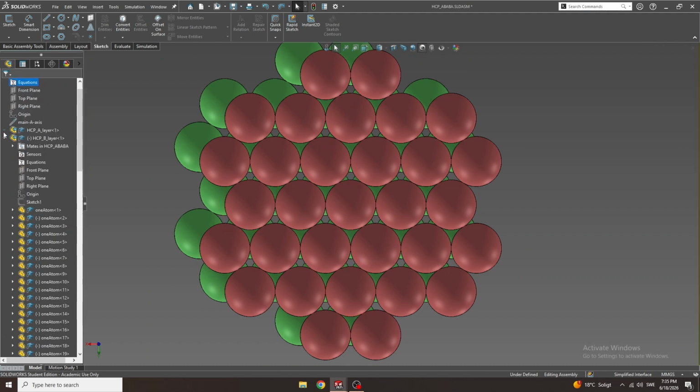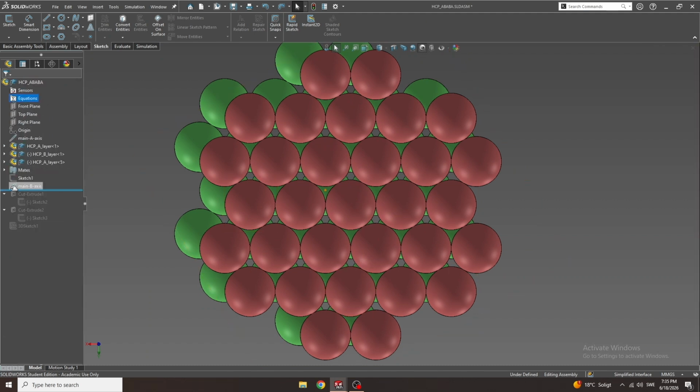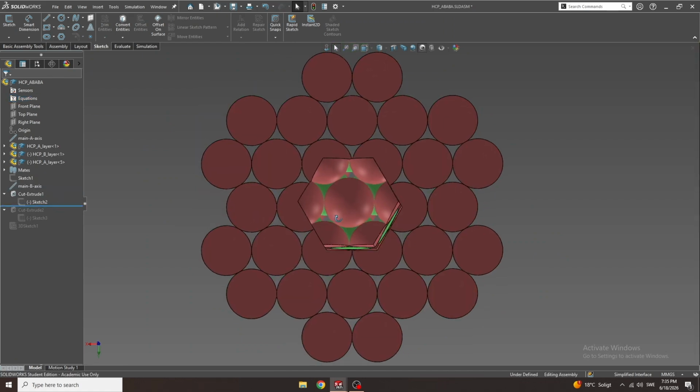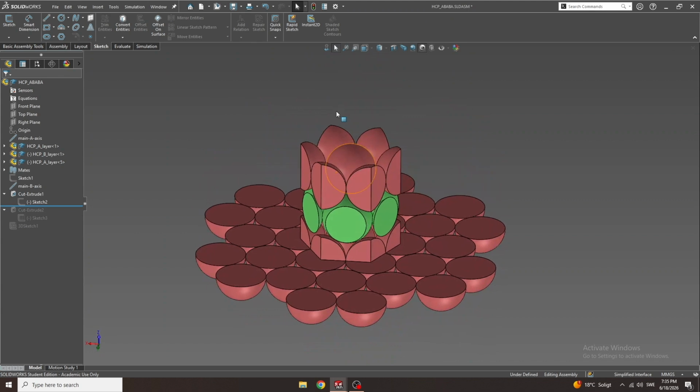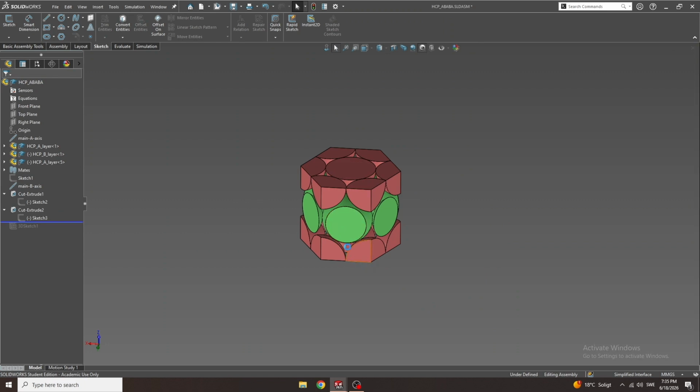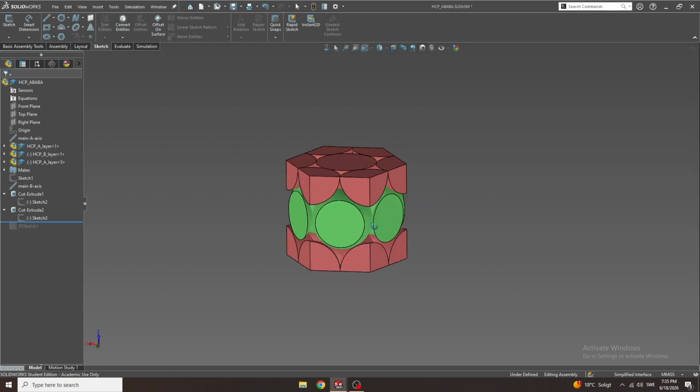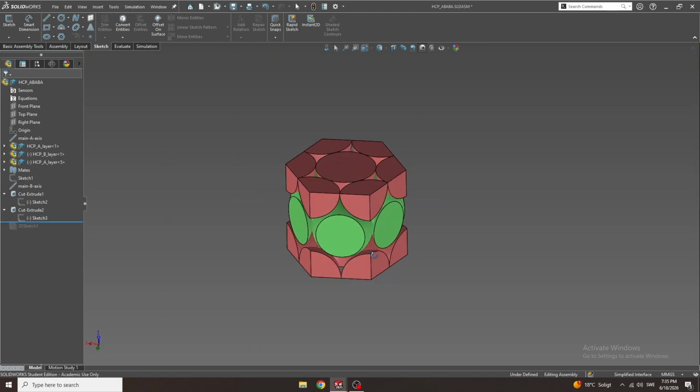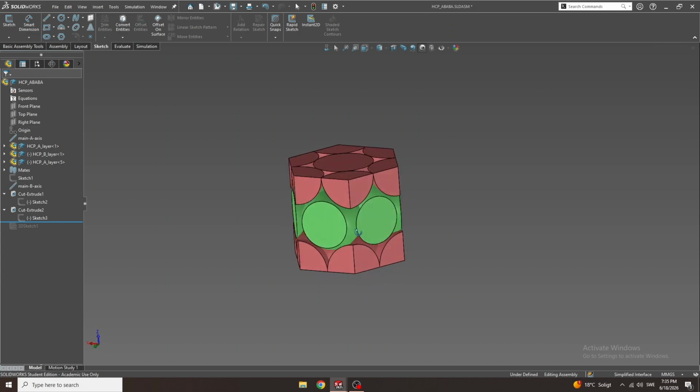So the stacking sequence becomes AB, AB, AB, and so on, repeating the AB pattern. And if you cut the part like this, you can get the unit cell that I showed you before.